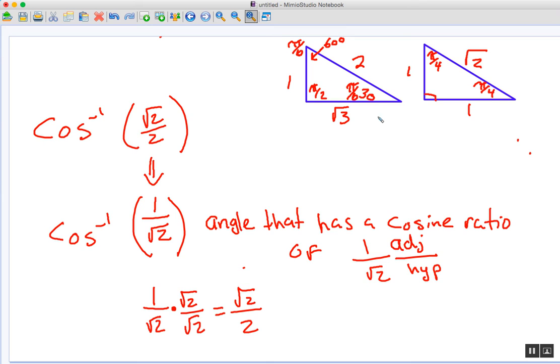So we want the angle that has an adjacent side of 1, adjacent means next to, and a hypotenuse of square root of 2. So if we go over here, adjacent is 1, hypotenuse is square root of 2. So we know that this is equal to pi over 4 radians, or 45 degrees.